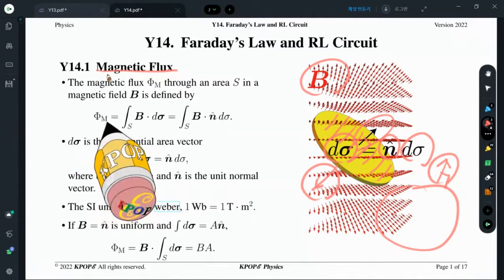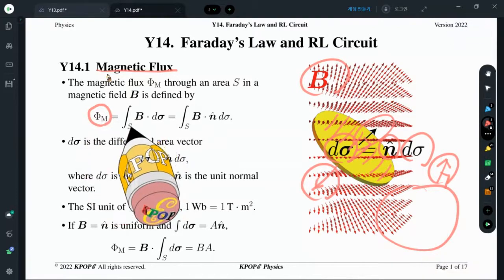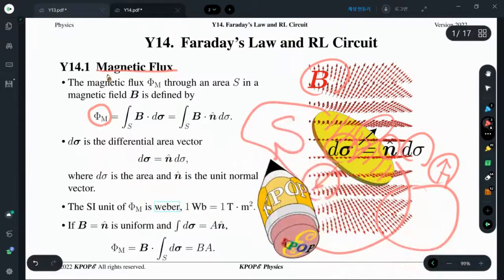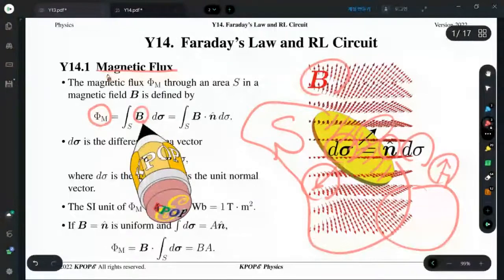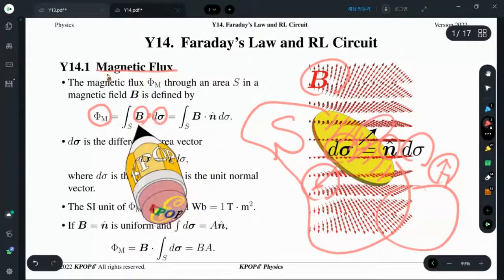So magnetic flux phi m is the integral over a surface of the magnetic field and the surface differential vector scalar product.